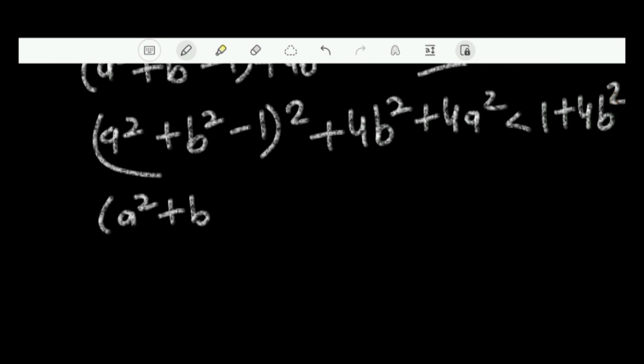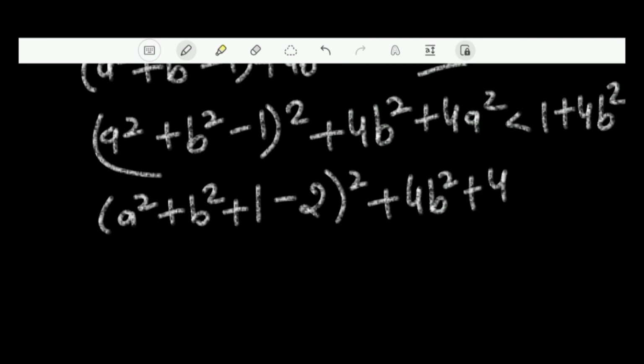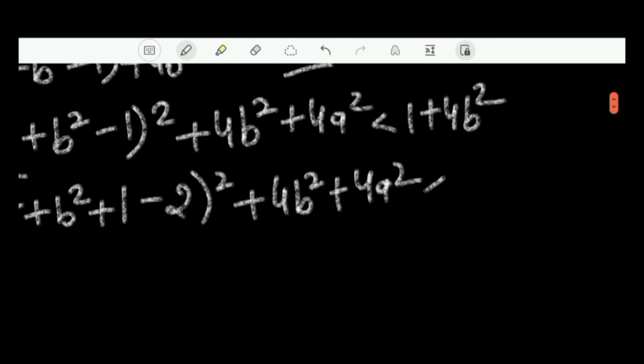And then we can rewrite this minus 1 like plus 1 minus 2, which is the same as saying minus 1. One plus 4b square.